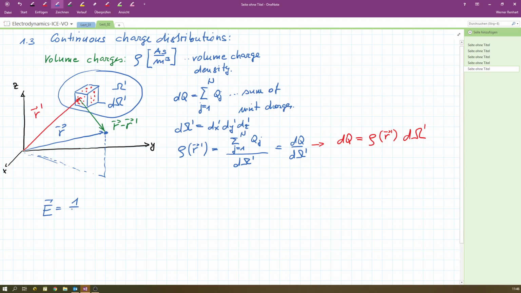This means we can make a summation, and summation in infinitesimal small units is always an integral over the source volume omega prime of the charge density. This may be a regular distribution or a non-regular one, doesn't matter, over d omega prime, and we have the separation vector r minus r prime to the power 3 if we write the r minus r prime as a vector.